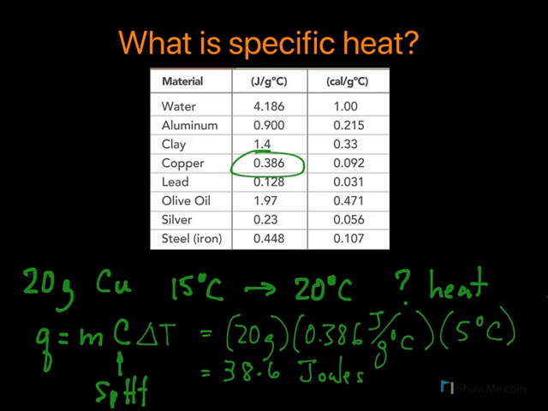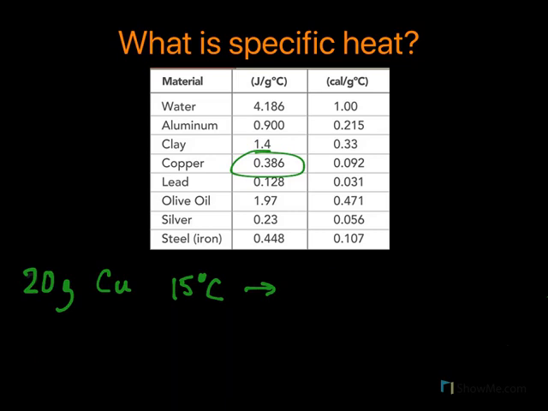We can also do it another way. Let's say for this example, we have 100 joules of heat that we are going to add to these 20 grams of copper. What is the final temperature of this copper? So again, looking at the equation, 100 joules now is over on this side.